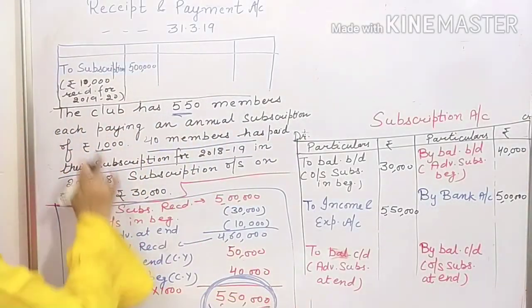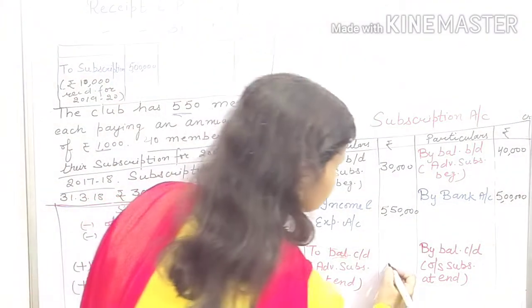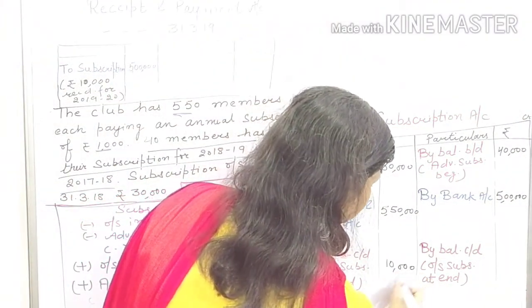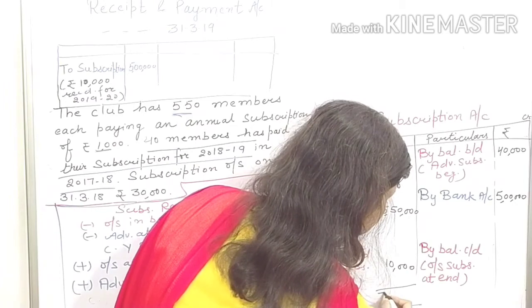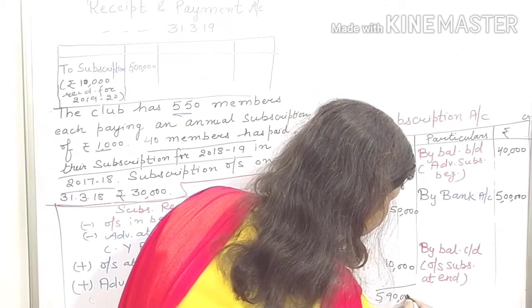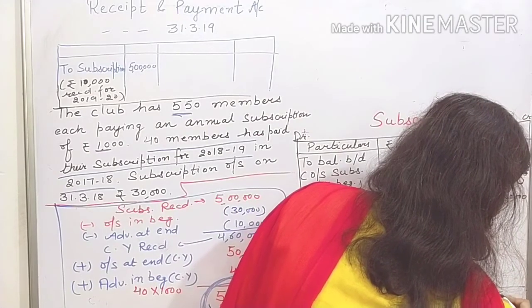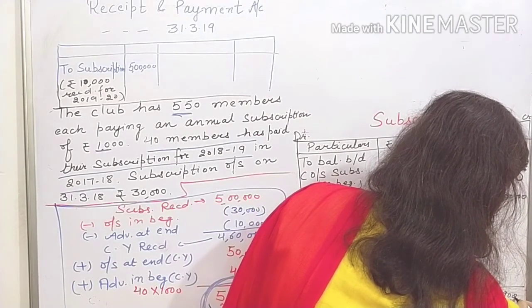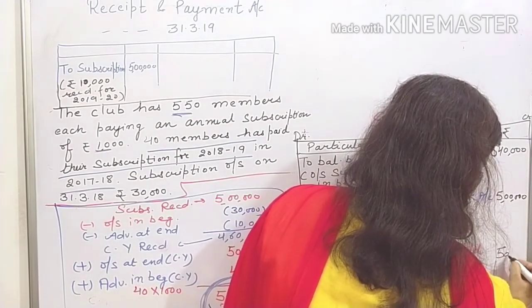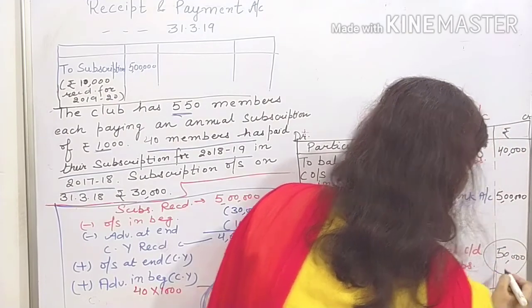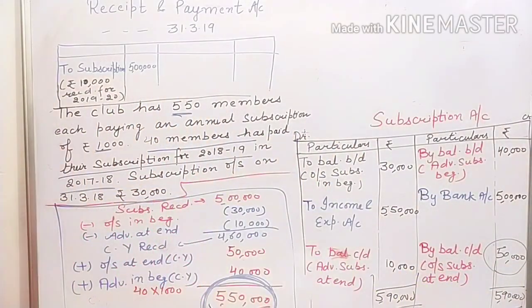Advance subscription at the end, 10,000. So here your result of subscription outstanding at the end will be 50,000.